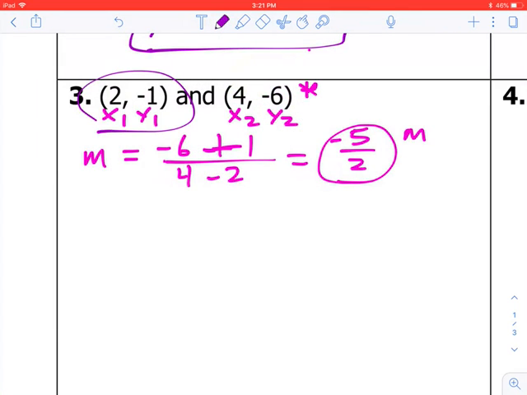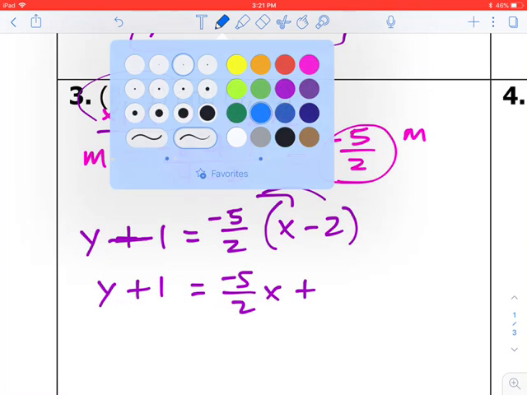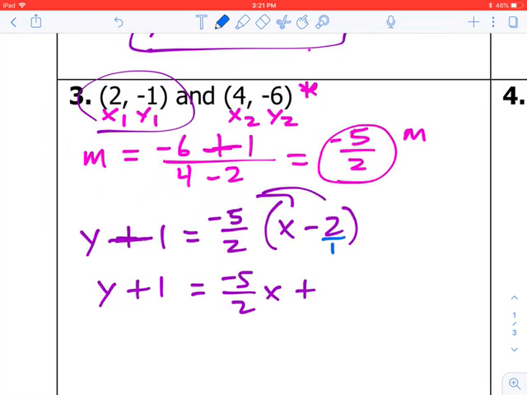Okay, and so again, I just choose one of the 2 points. I'm just going to choose the first one. So I've got y minus the y value, negative 1, equals negative 5 over 2 times x minus the x value, 2. And now that becomes plus, and I'm ready to distribute. Okay, so y plus 1 equals negative 5 over 2x, and then negative times negative here is positive, and when you're multiplying out your fractions, if you need to put it over 1, that's negative times negative is positive, 5 times 2 on top is 10, 2 times 1 on bottom is 2.